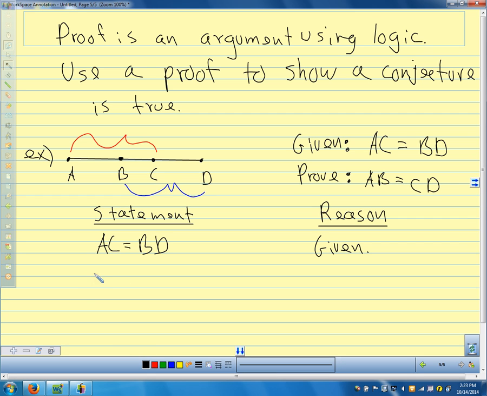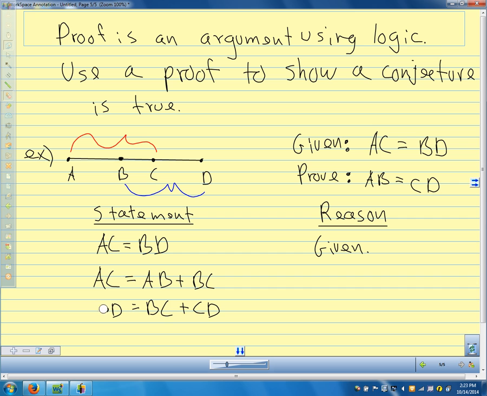I'm going to say that AC equals AB plus BC, and BD equals BC plus CD. So thinking back to chapter 1, what postulate tells us that we can add two smaller segment lengths together to get a bigger segment length?